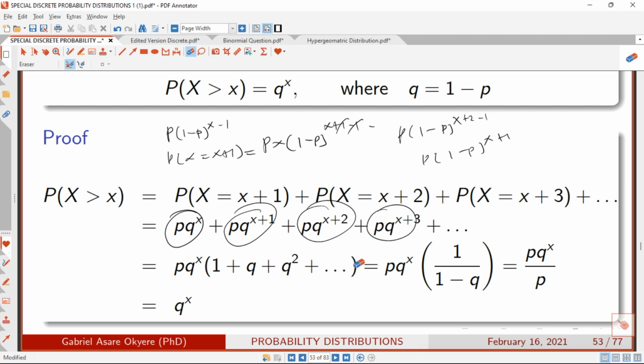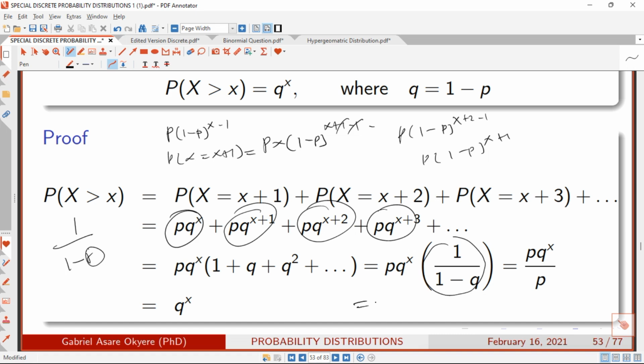Okay, yes. And then this is what? A geometric sequence, of which for a geometric series we can calculate the sum in this form: 1 divided by 1 minus r, where r is our common ratio. So once we have this here, we can use the geometric series to get this form.